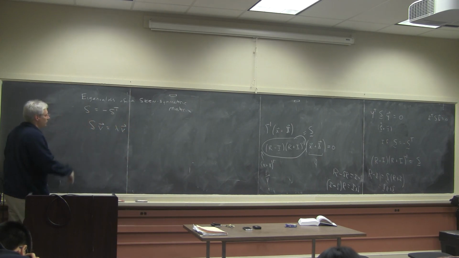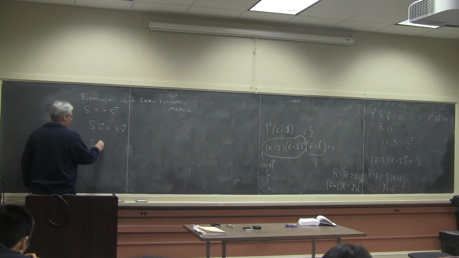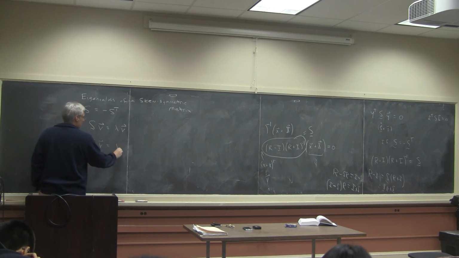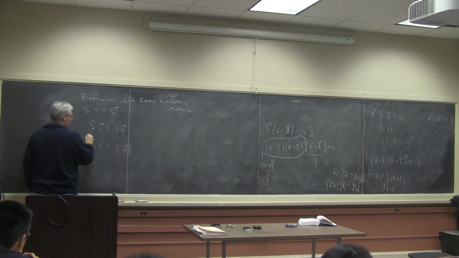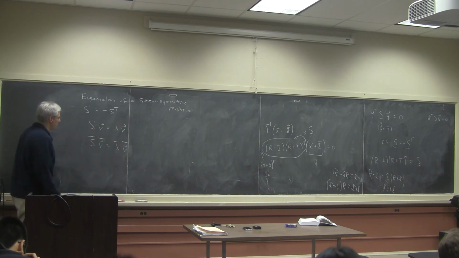So we'll do the same thing that we've done before. SV equals lambda V. We take the complex conjugate, and it's real, so it's the same.